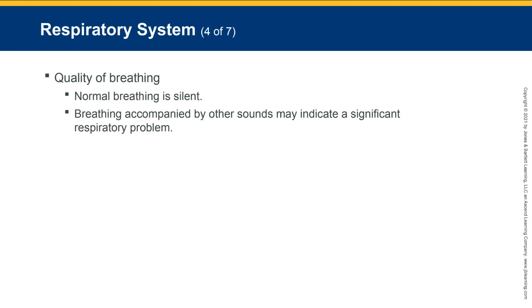So quality is muscle use, abnormal sounds, positional, pulse oximetry. So the quality of breathing. Normal breathing is silent. Breathing accompanied by other sounds may indicate a significant respiratory problem.